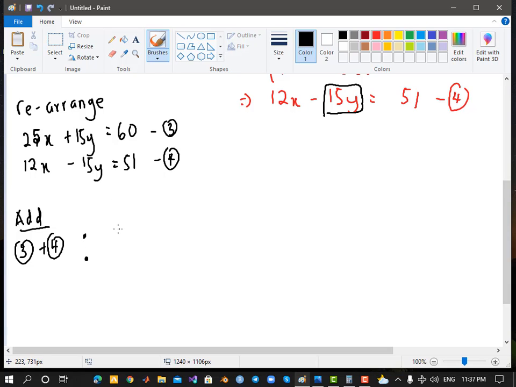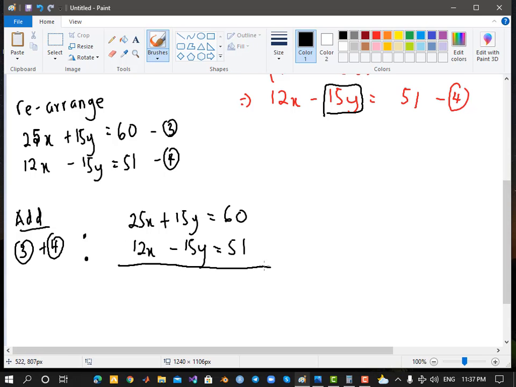So it means that we're going to get something like this: 25x plus 15y equals 60. Then 12x minus 15y equals 51.